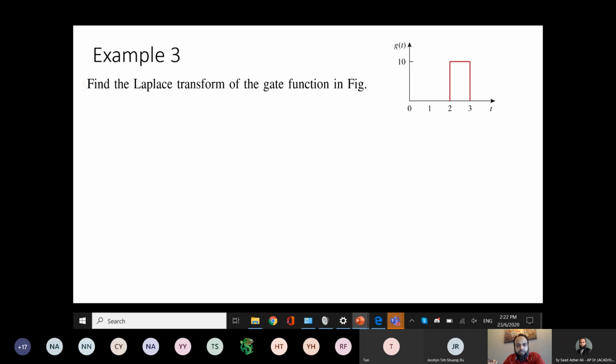Can someone give me a hint how to find this function in mathematical representation? Anyone? It's very easy, by the way.